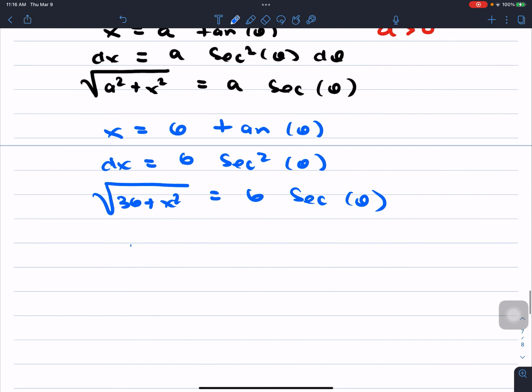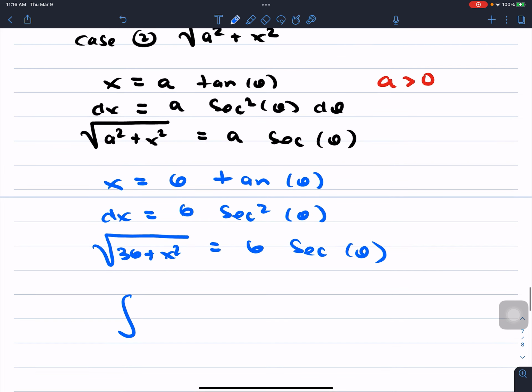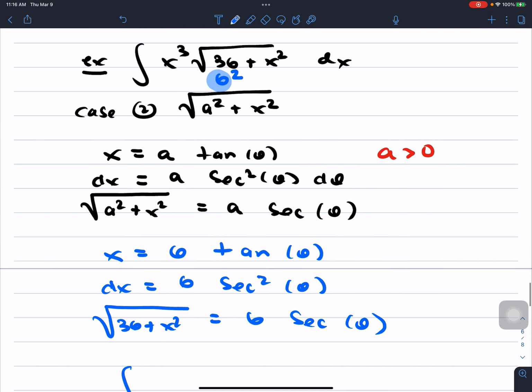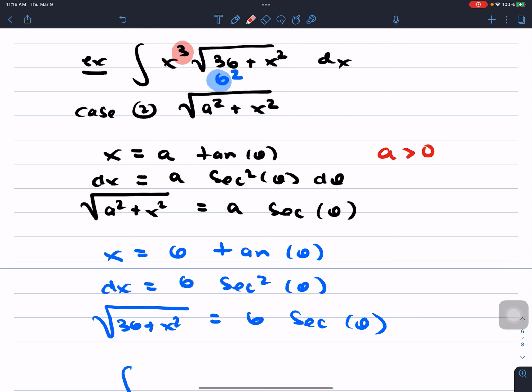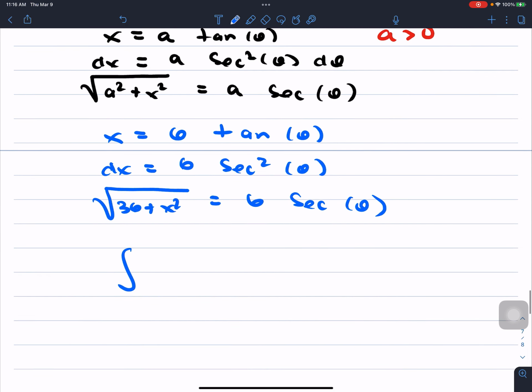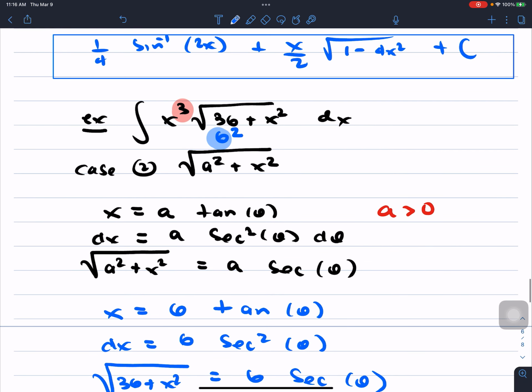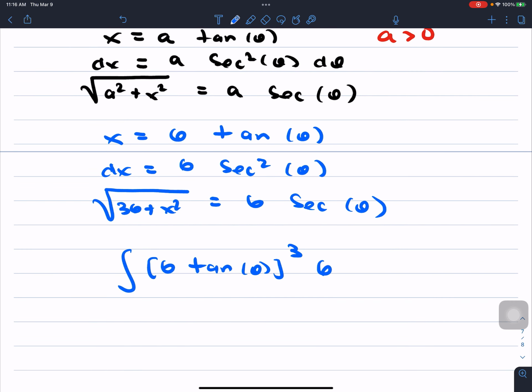So, what does this become? You have an x cubed. Be careful here. What was x? So that means I have 6 tangent theta cubed. What's my radical? 6 secant theta.